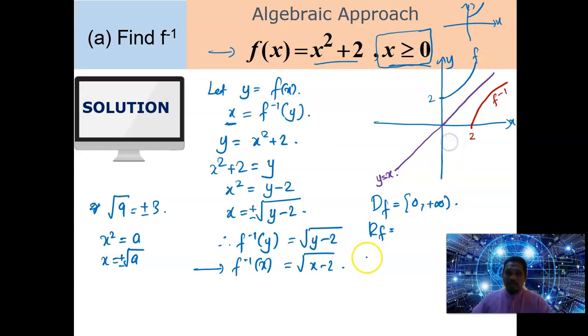So the range is 2 to positive infinity. So what about the domain and range of f inverse? Again, we can simply conclude that the domain of f is also the range of f inverse, and the range of f is the domain of f inverse. There you go.